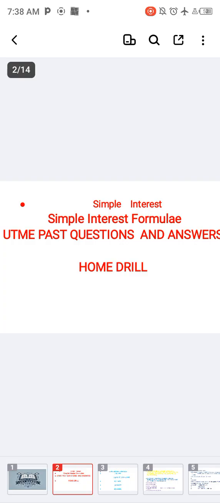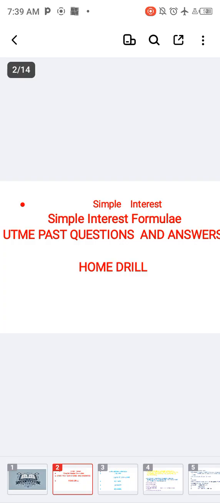The rate is the interest measure, while the time is the duration of the loan. So there are 4 variables as we begin to deal with them one after the other.